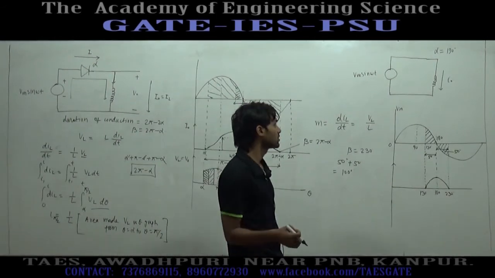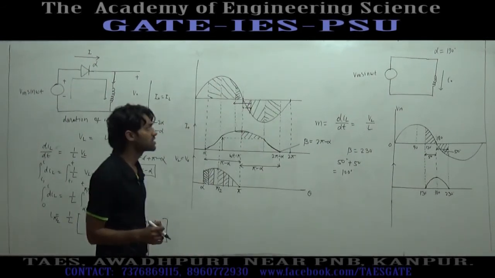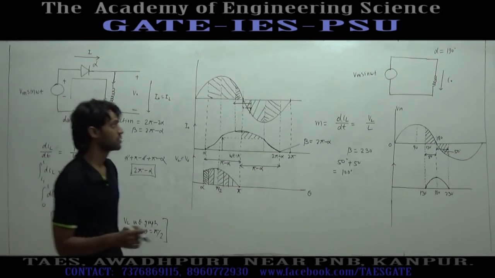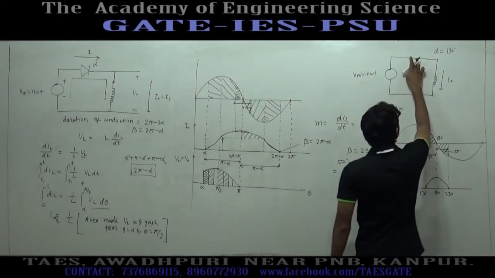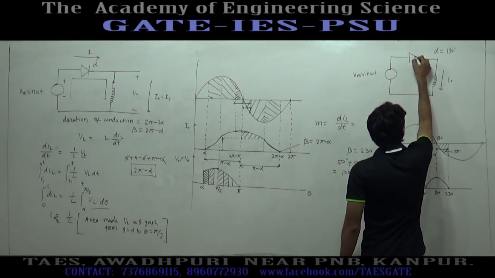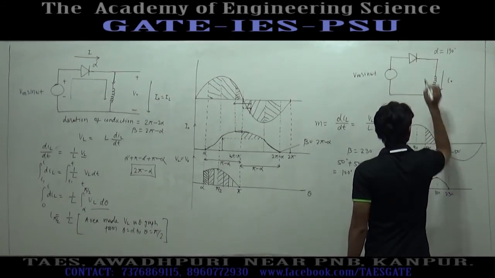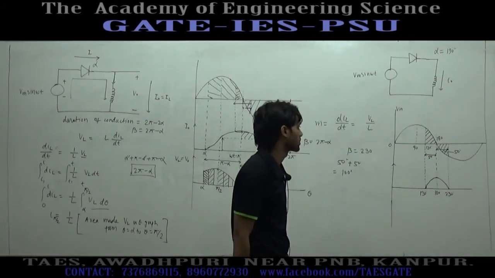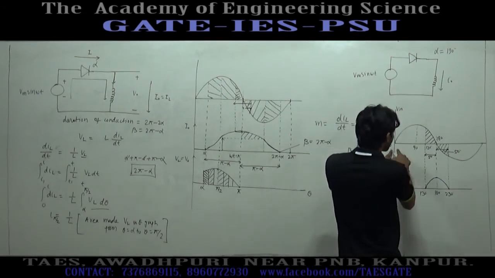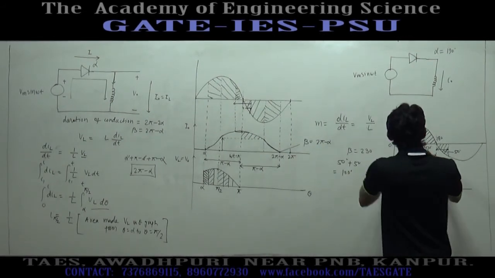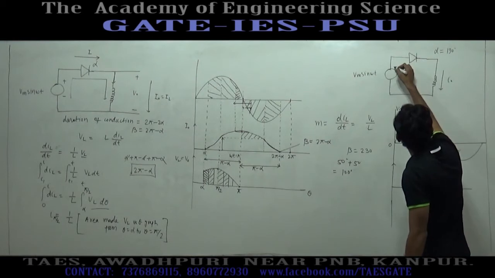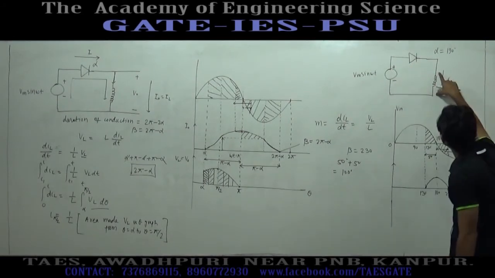If we want to find out the duration for which the thyristor will be in forward blocking mode, from 0 to 30 degree, the voltage was positive.